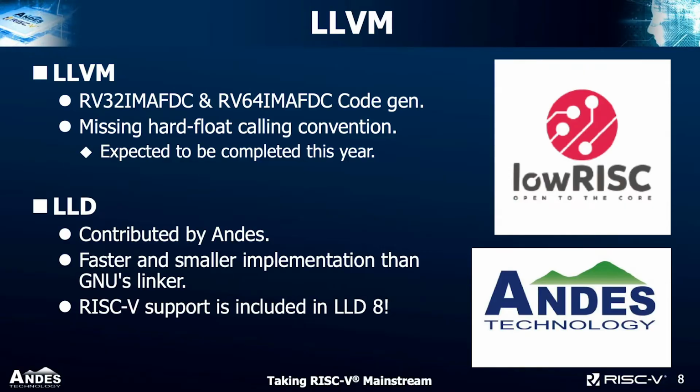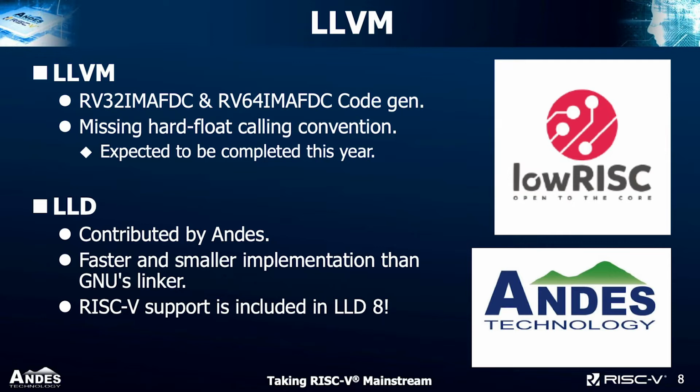Today it's almost in the same state as GCC: RV32 and RV64 IMAFDC code gen are supported. The only missing part is the hard float calling convention, but I think we can expect it this year. The LowRISC guys are working on that now.